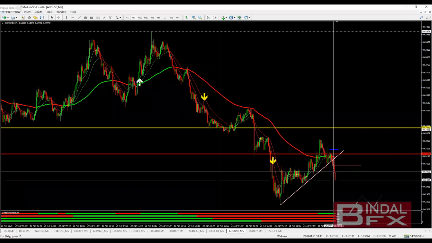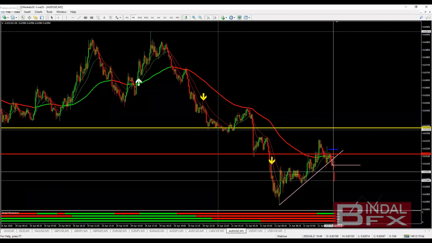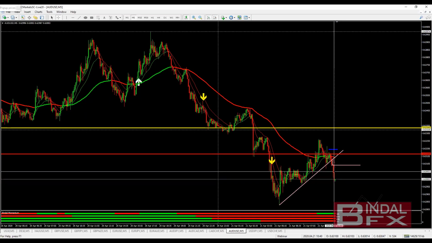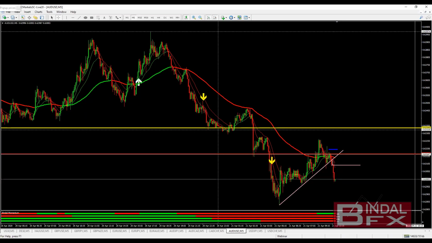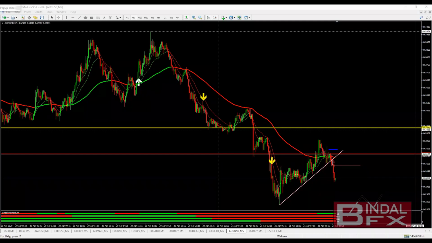When would you buy? After the break of resistance. Does that make sense? Is that correct? You would only buy after the break of a resistance. Everyone agree? Hands up. Yeah, exactly. Perfect. So you only buy after a break of resistance.